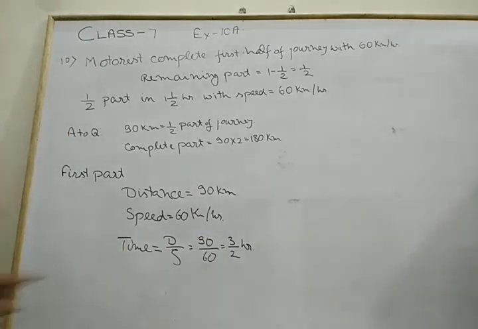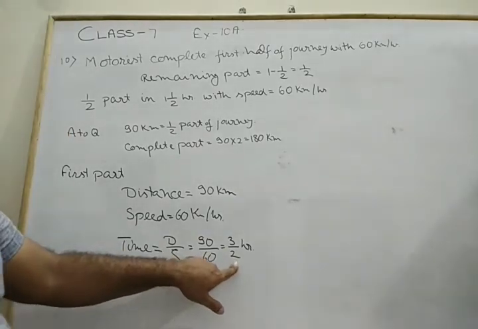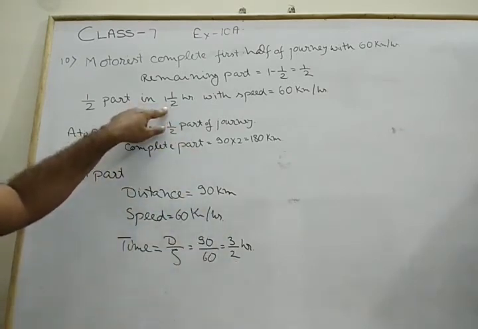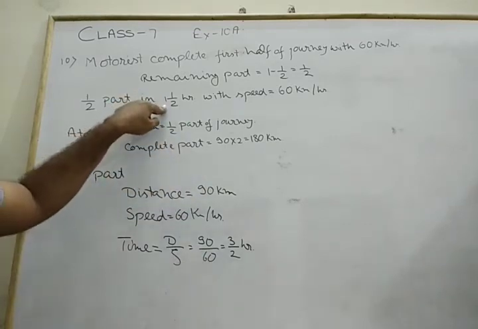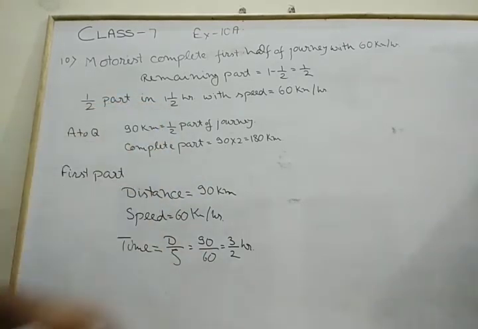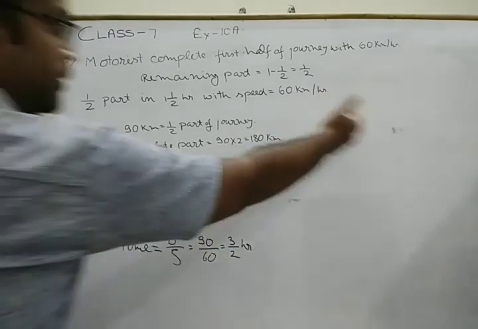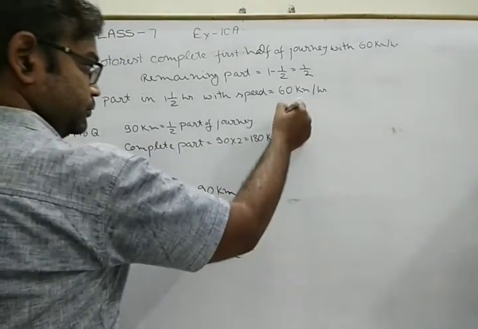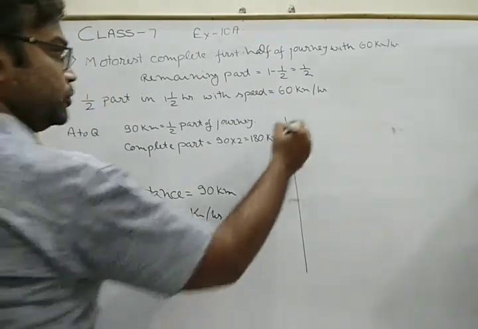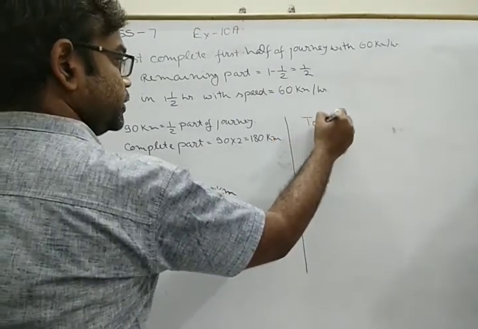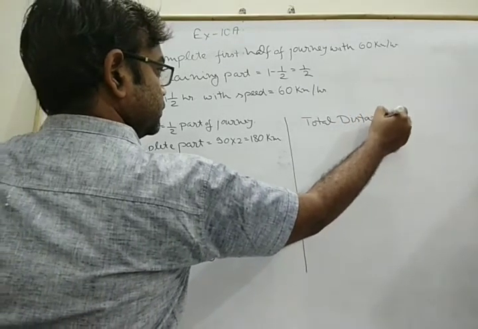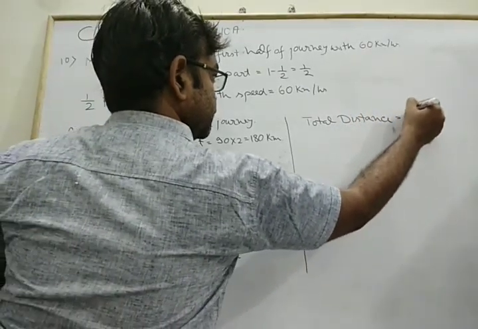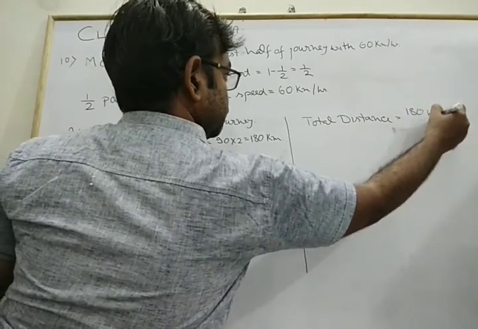Time taken for the first part is 3 upon 2 hours, and for the second part it's 1 whole 1 upon 2 hours. So the total part is the same, 3 upon 2, 3 upon 2. It's a total time of 3 hours. So here we have total distance equals 180 kilometers.